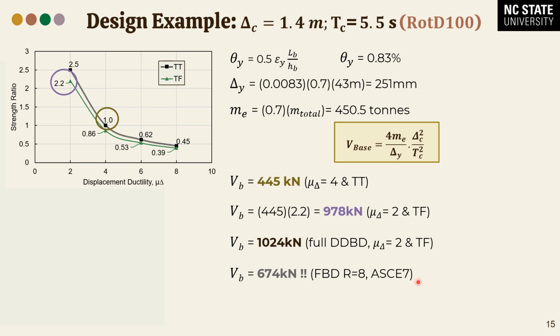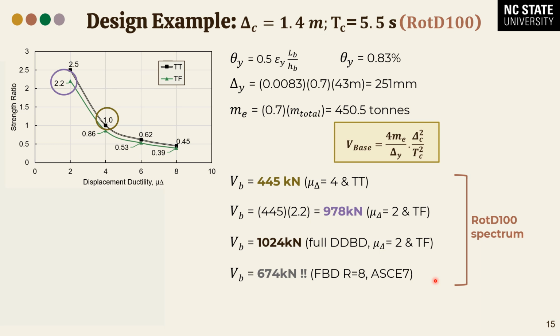And if we compare that, again using rho D100, to what the design strength would be following the force-based design method with an R factor of 8, we actually see that it is quite lower, about 65% of what our full DDBD is telling us that the design strength should be.